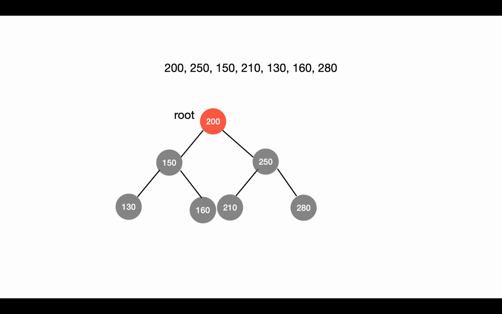Now let's get a quick look at various operations on trees. The basic operations are traversing the tree, searching for any element, inserting an element, and deleting an element. First, traversal of trees.